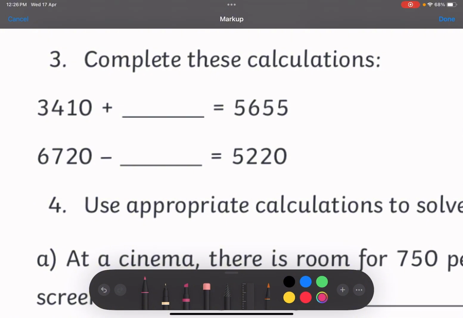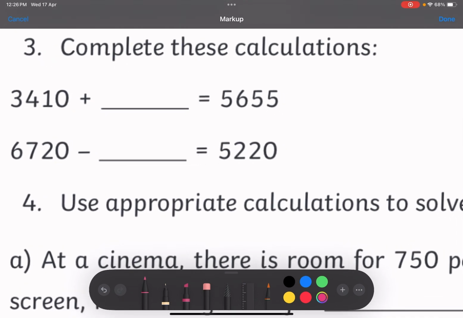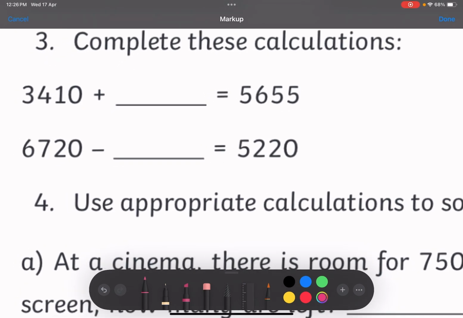The inverse of plus is minus, or addition, subtraction, or times tables, division, times, divide, like that. There's a billion ways of saying it. Anyways, basically the inverse of plus is minus.